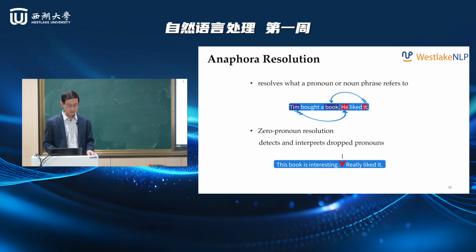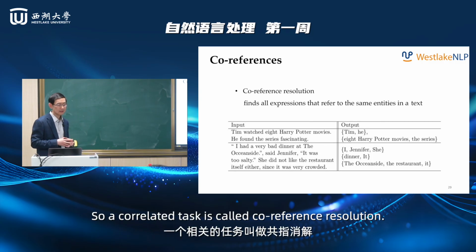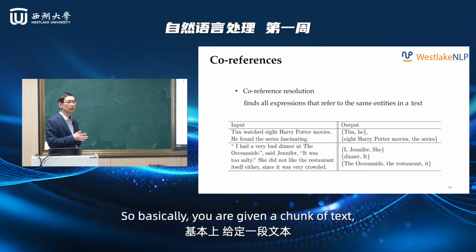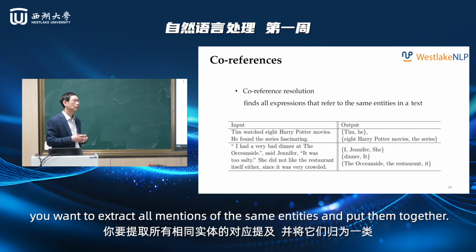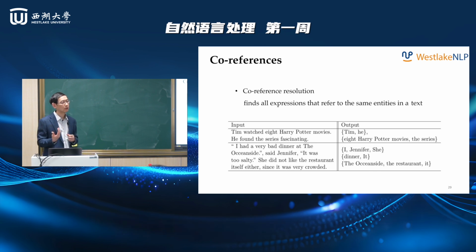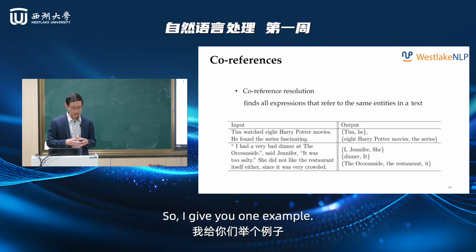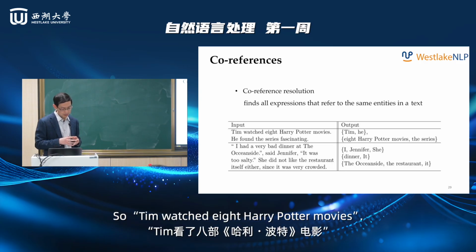All right, so a correlated task is called coreference resolution. Basically, you're given a chunk of text, and you want to extract all mentions of the same entities and put them together. I give you one example. Tim watched 8 Harry Potter movies.